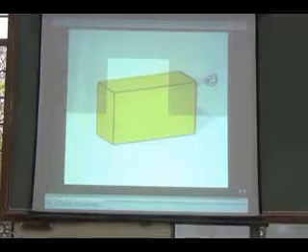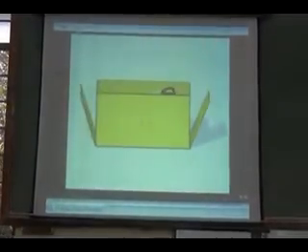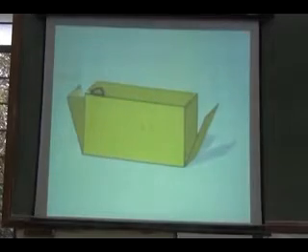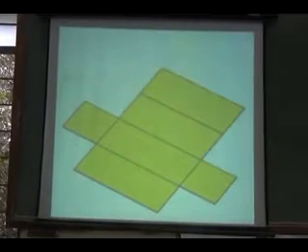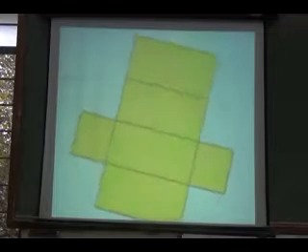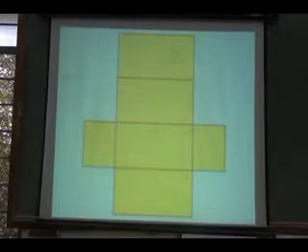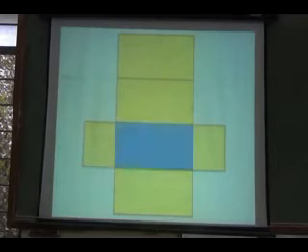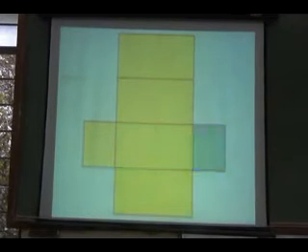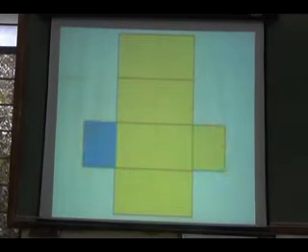Just look at this green cardboard box. It is cut and opened out as shown. This is the exact development of that cardboard box. It includes 2 square bases and these 4 rectangular side faces.